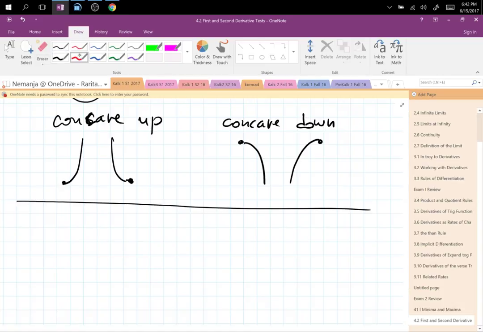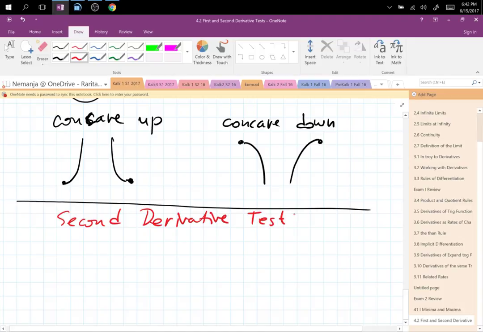Second derivative test. We are literally doing the same thing as with the first derivative test.